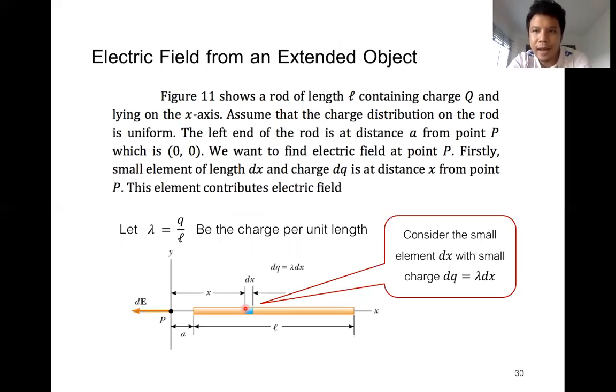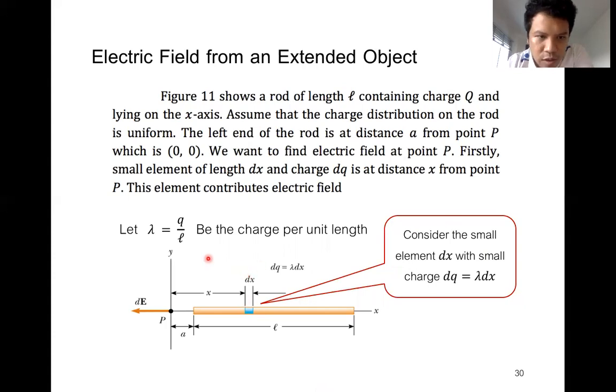Okay, and then the last topic. What are we going to do if we have an object with size? When we have an object with size, we consider the small element dx.